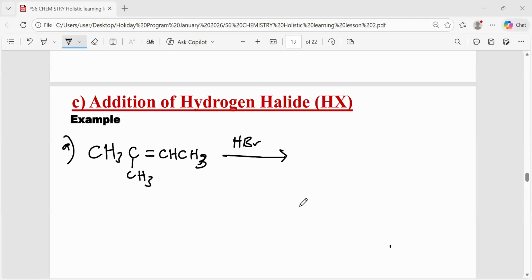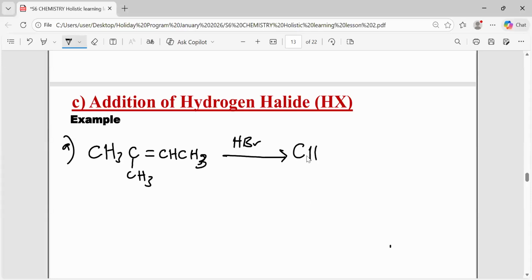So which means we are having CH3, CH3, C. So what do I put here? I'm thinking of the methyl and also the bromine group. So the bromine group goes here. Yes. Then CH here, how many hydrogen atoms will we get? 2. 2 CH3. 3. Okay, that is good.